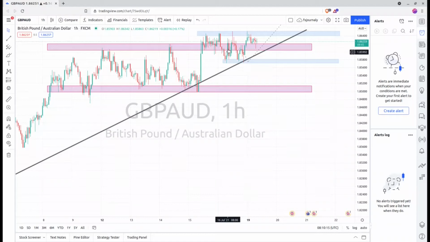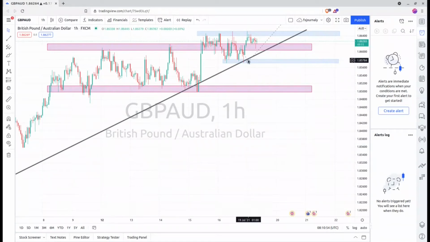Okay, so what I said was that at the opening of the Asian session, what I expected to happen was that price was going to try to test this support area again and try to validate this area as a true support. It was going to try to test this area again because it's right by the trend line. Remember, we drew our trend line. And that support area meshed perfectly with our trend line.